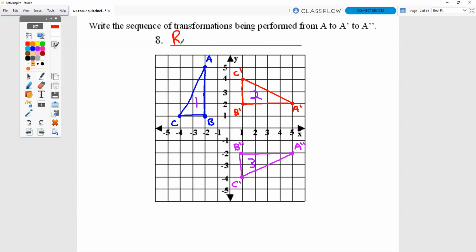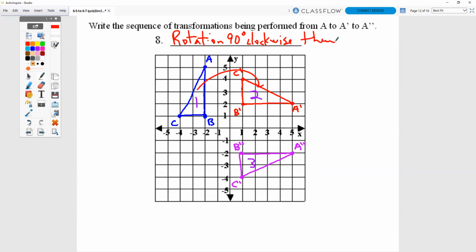It's moving 1 quadrant over and it's turning clockwise. So it is a 90 degrees clockwise rotation. You can't just say rotation. You have to say how many degrees, either 90 or 180, and then clockwise or counterclockwise.